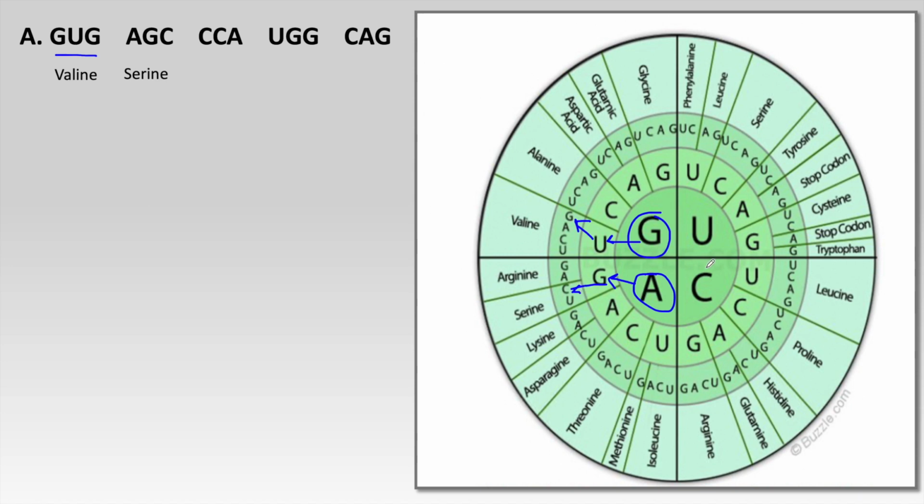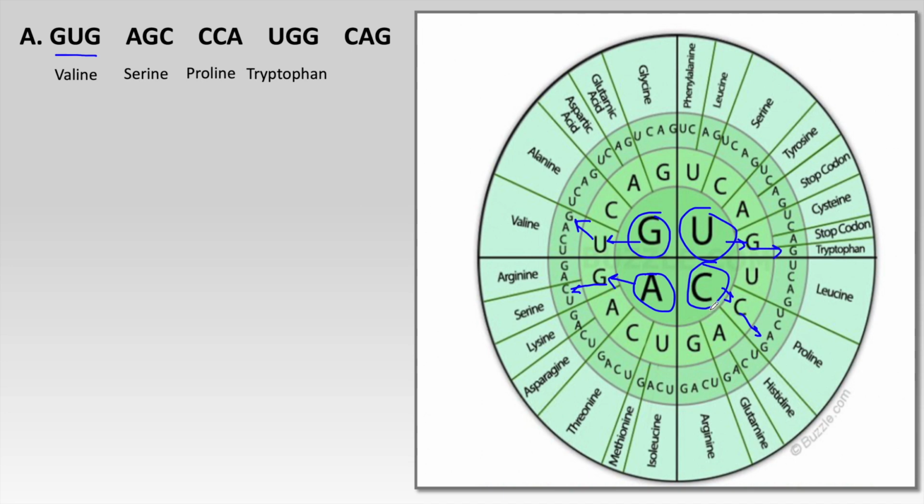CCA. This is C. Another C. And moving to A. Proline. UGG. This is U. And this is G. Another G. Tryptophan.